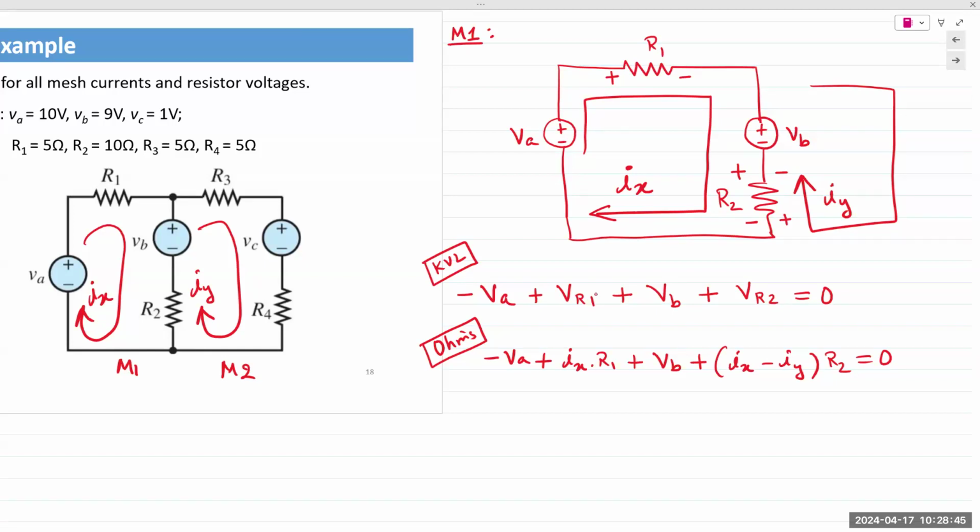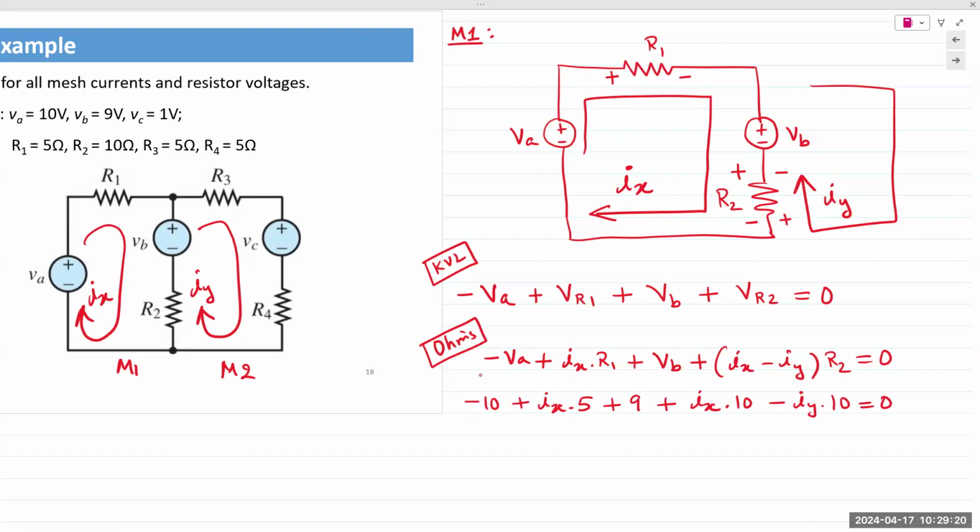Okay, so then we plug in all the known values, and in this case, all the known values are VA is 10 volts, so minus 10 plus IX times 5, R1 is given as 5, VB is 9 volts. Now here, I'm going to split it open, so IX times R2 is 10 minus IY times 10 equals 0.